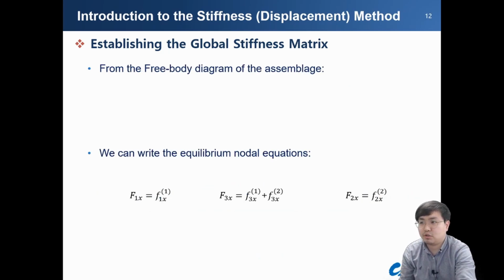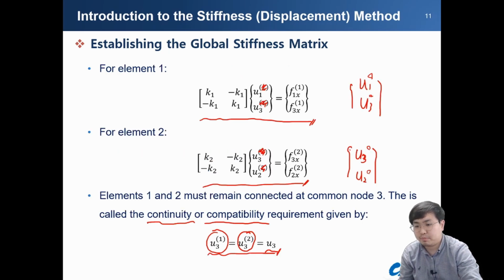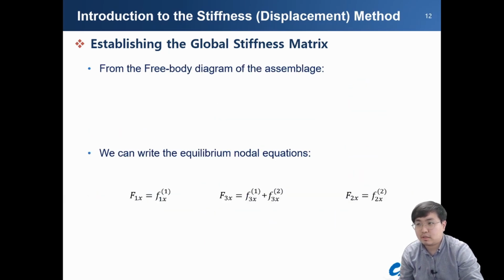First, let's check some free-body diagrams. Let's think about nodal force equilibrium at node 1. We assume that the global nodal force is on the right-hand side.